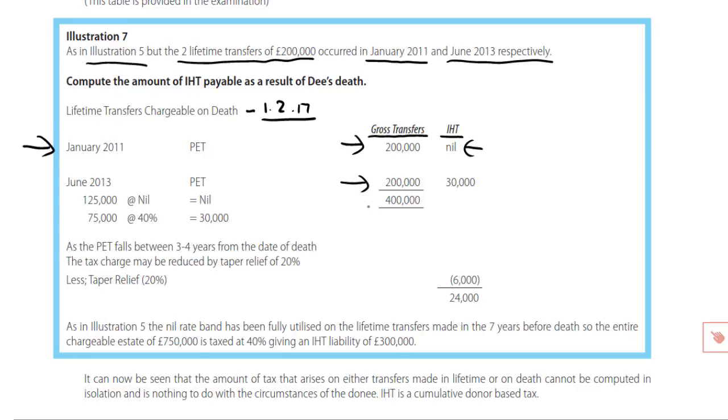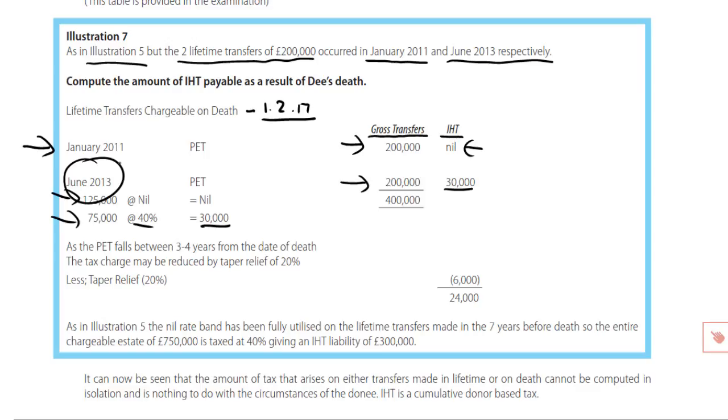We've already got 200,000 of the nil rate band used. That means only 125,000 left, pushing 75,000 up into the 40% band, a figure of tax, as we know, to be £30,000 there. But this time, the date being June 13, we have survived for more than 3 years.